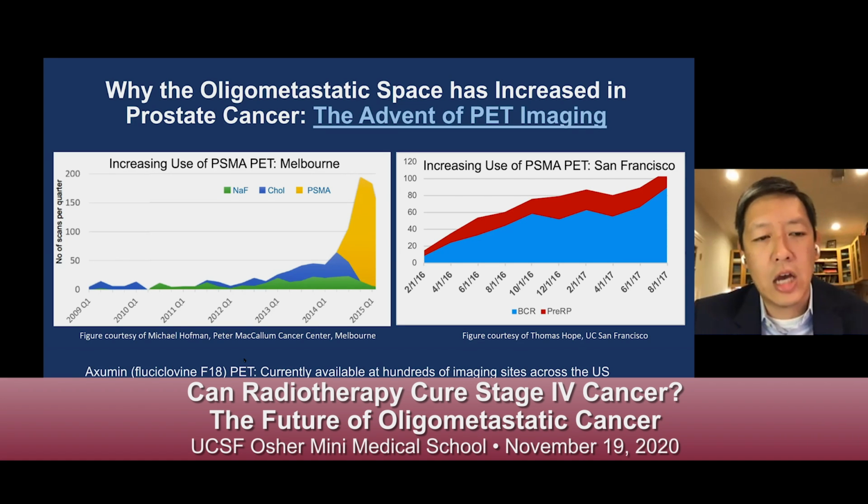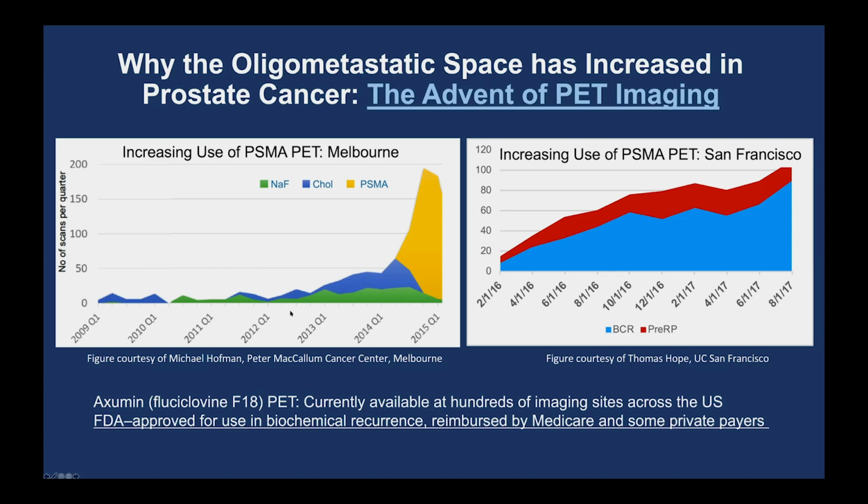These plots show the utilization of PSMA PET in a large center, the Peter MacCallum Cancer Center in Melbourne, from 2010 to 2014, and you can see a tremendous increase in yellow in the utilization of PSMA PET. In the United States, UCSF was probably one of the first centers to popularize the use of PSMA PET. You can see that from 2016 to 2017, our utilization really increased.